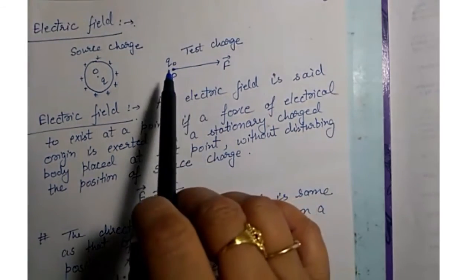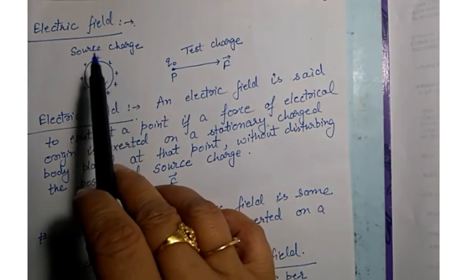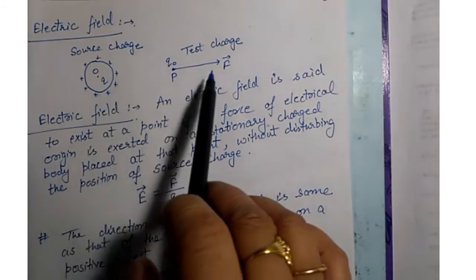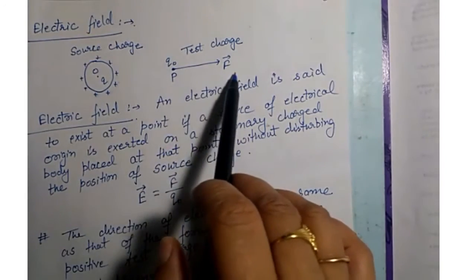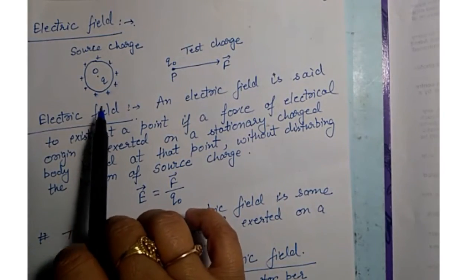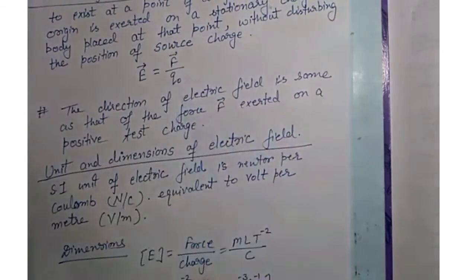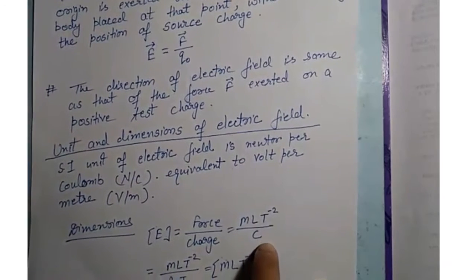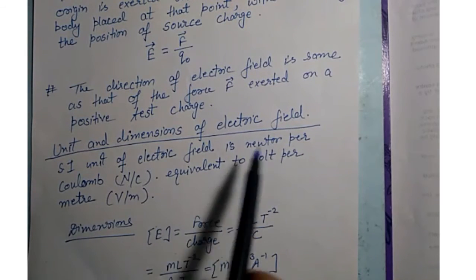So the direction of the electric field of this charge is along the force exerted on this test charge because of this given source charge. Units and dimensions of electric field.